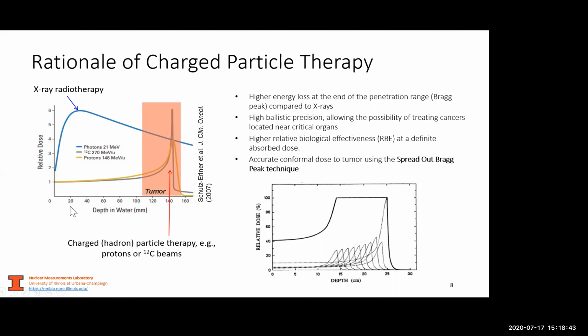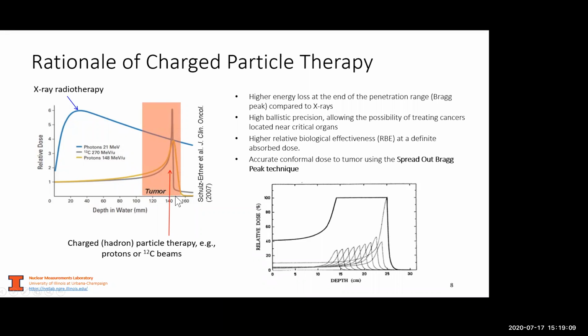So back to our dose delivery pattern, this is the relative dose as a function of the depth in the tissue. And you can observe how the highest dose for X-rays occurs at the entrance, whereas the peak of the dose, in the case of ion therapy, is right at the tumor location.